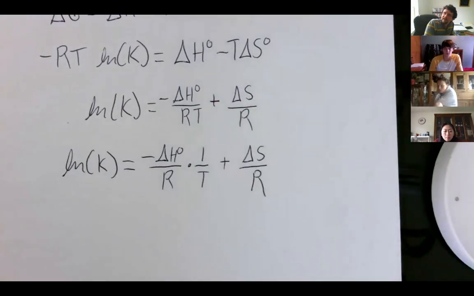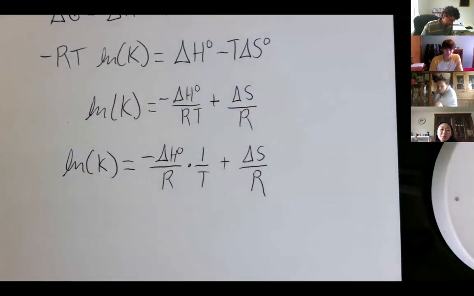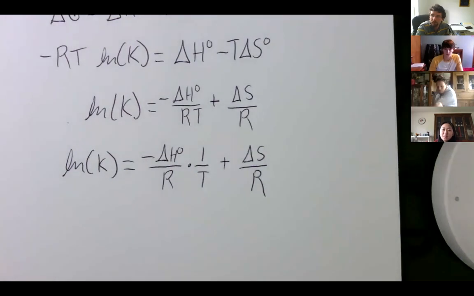But why organize it this way? Because when we graph ln K against 1 over T, the slope will be delta H over R, and the intercept, we can find delta S over R. Exactly. This is a linear relationship.